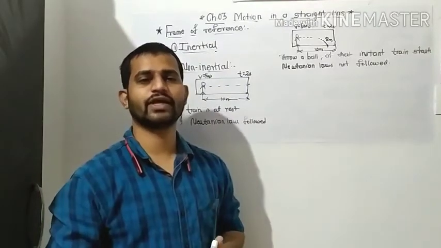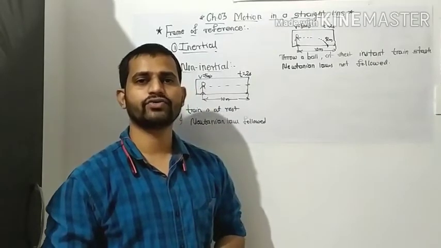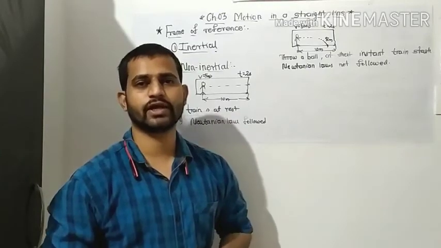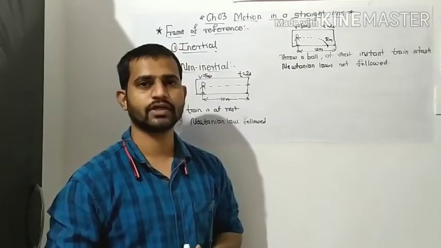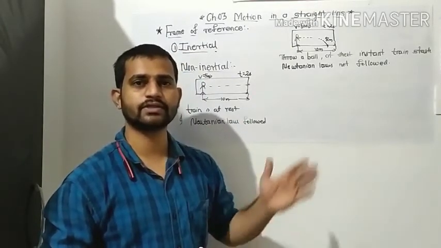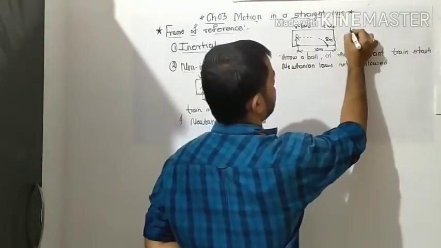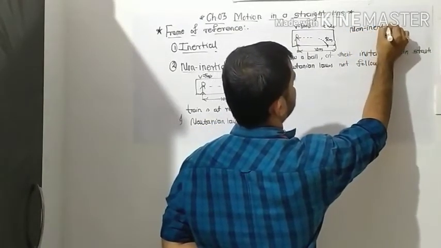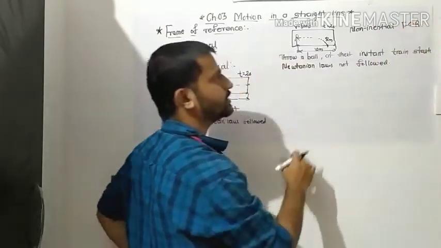The motion of the train gets acquired by the ball, and due to that the ball is not able to reach up to 10 meters. So this is one example of a non-inertial frame of reference. This comes under the non-inertial frame of reference.